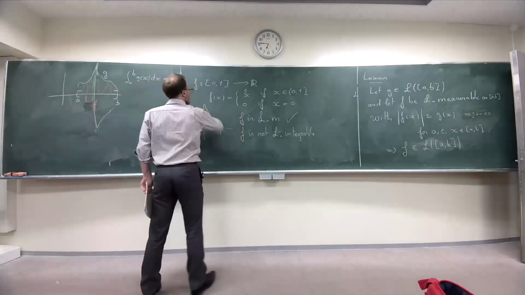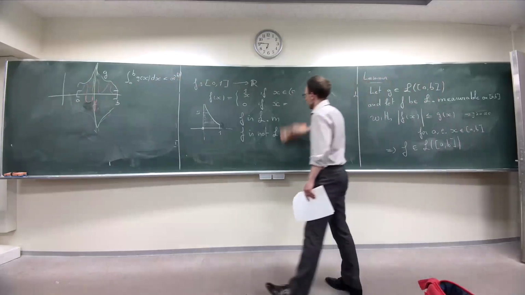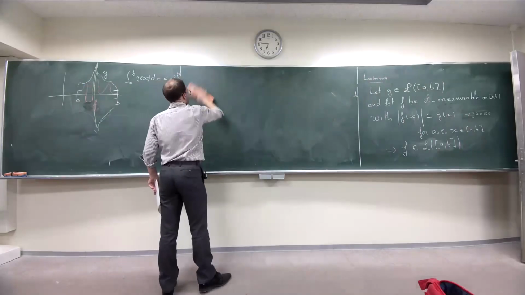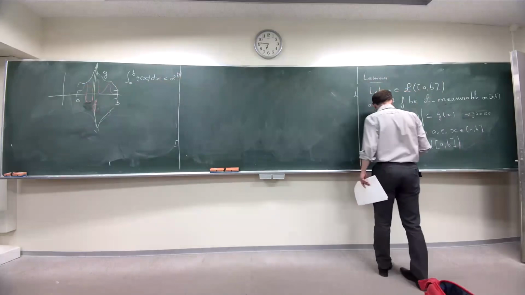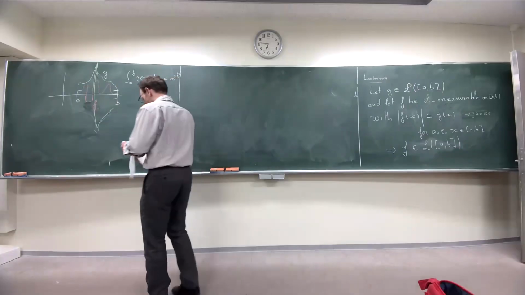This notion of a function dominating another one will come back in what I'm going to present later, the dominated convergence theorem. If you know that a function is integrable and another is smaller, even in absolute value, it's also integrable. All right.